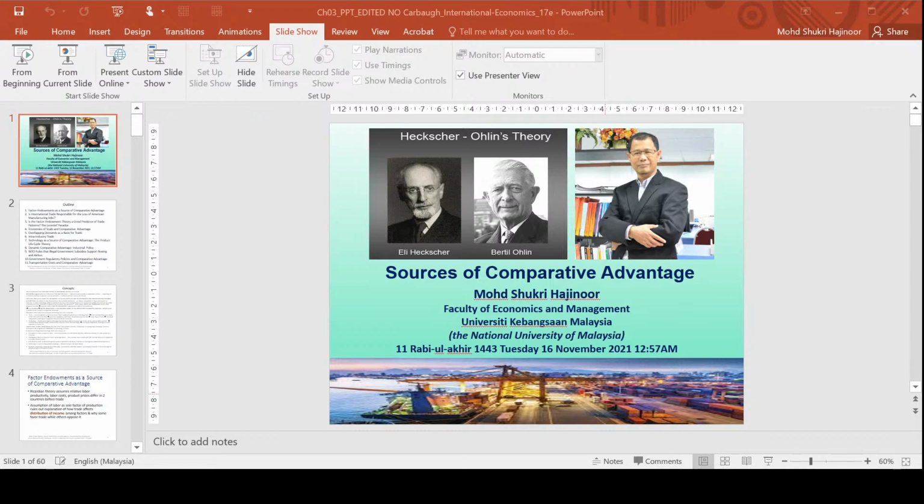Countries differ in factor endowment only, while products differ in factor intensity. This is the assumption of Heckscher-Ohlin. The two countries differ only with regard to factor endowment. What is given to them? The K and L. That's the only difference. One country has more K, another country has more L.